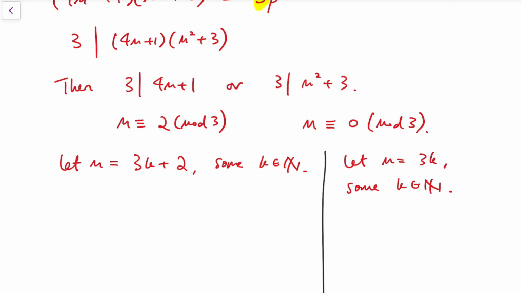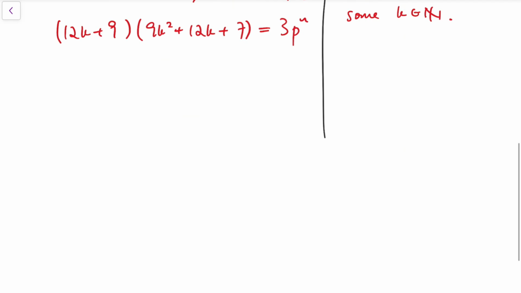Then the equation becomes, for 4m plus 1, 12k plus 9. And then for m squared plus 3, it will be 9k squared plus 12k plus 7. And that equals 3 times p to the power of n.